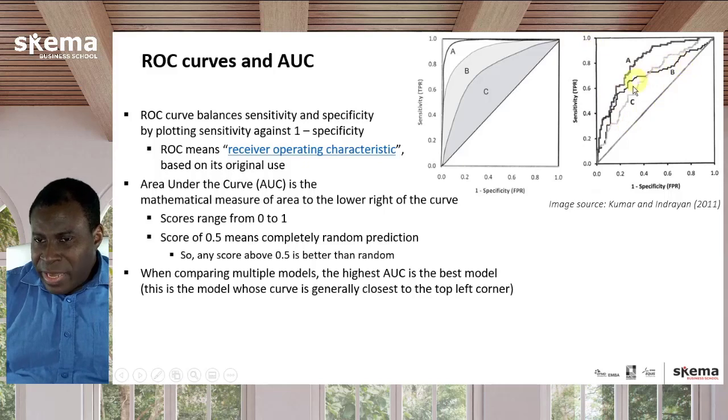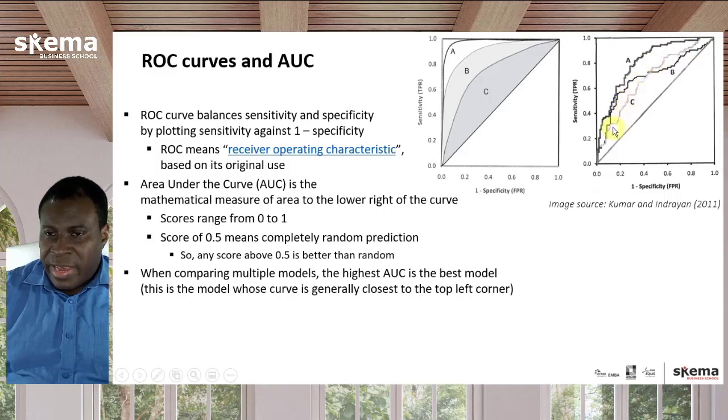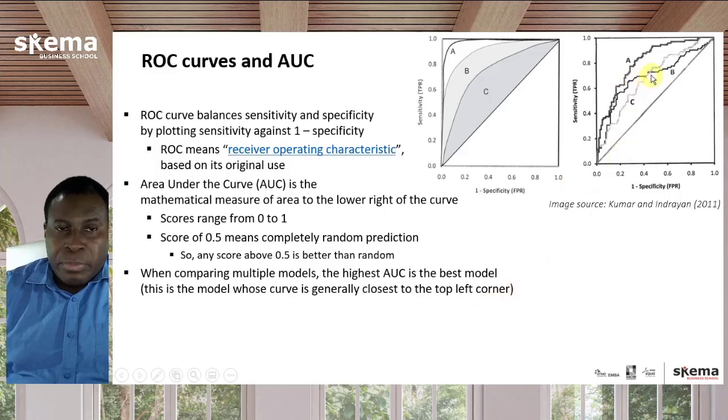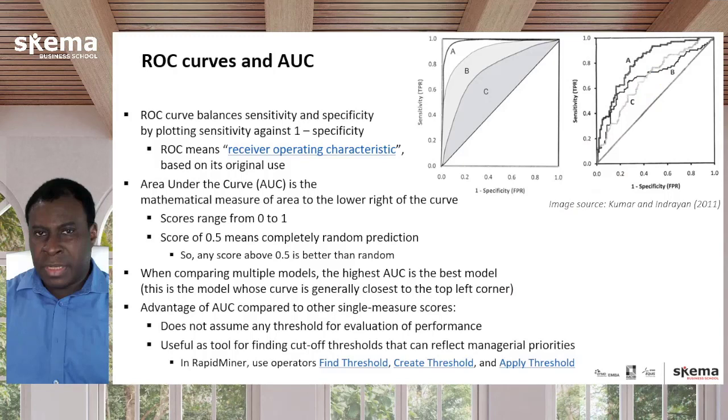But models B and C actually kind of overlap. So that means that for some kinds of cases, model C does better. For other kinds, model B does better. But overall, which one does better? Well, that's why mathematically there's a need to calculate the number, the area under the curve.